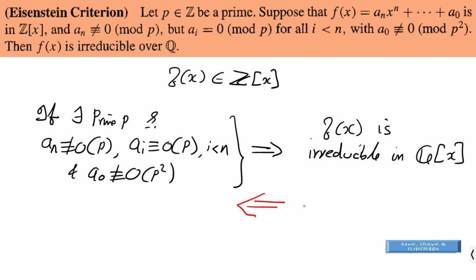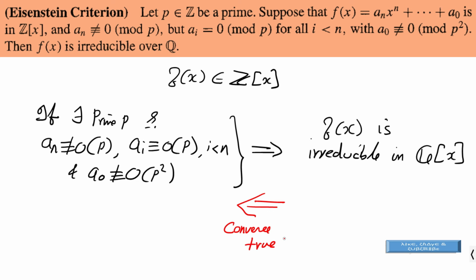Now what about the converse? If f(x) is irreducible in Q[x], then there exists a prime p satisfying these conditions. So this is the statement of the converse.